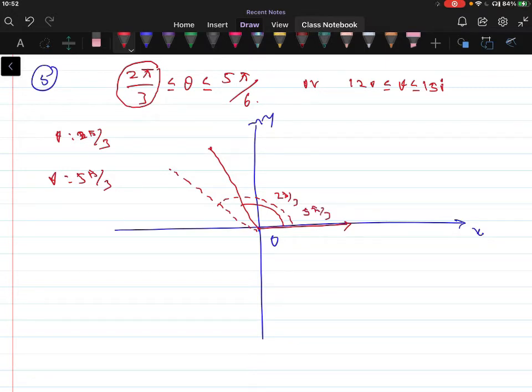So just extend the rays. So theta lies between 2 pi by 3 to 5 pi by 3. So this region you should consider. So this is theta lies between 2 pi by 3 less than or equal to theta less than or equal to 5 pi by 3.